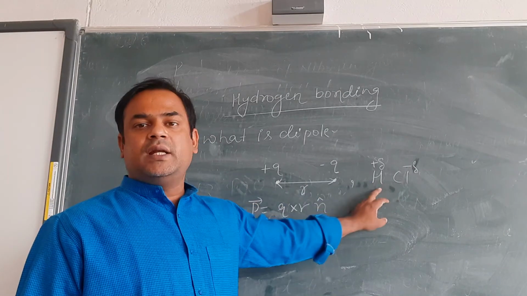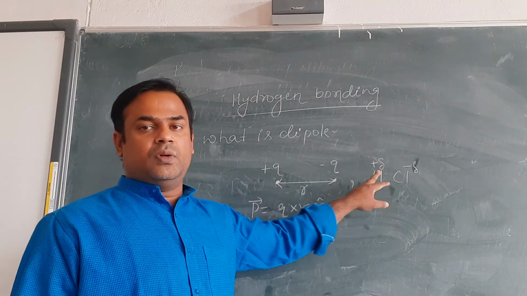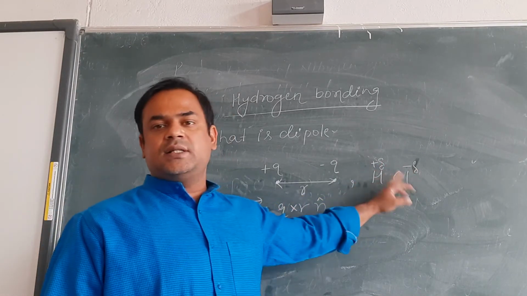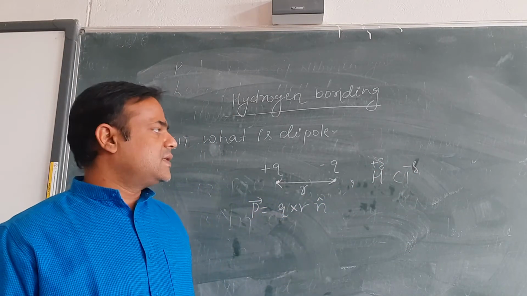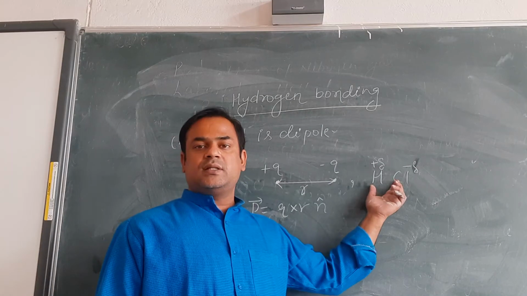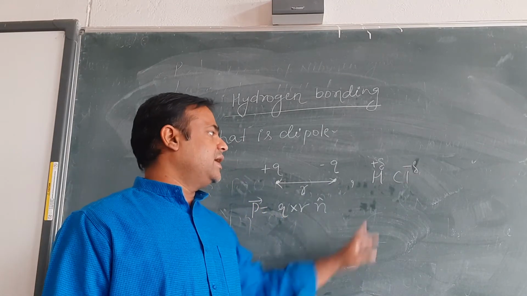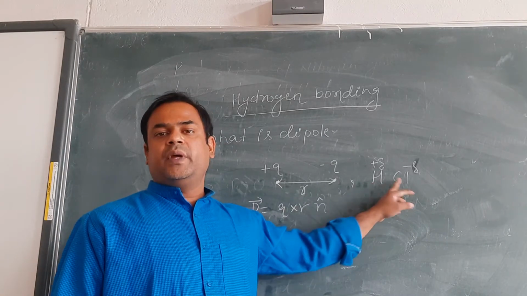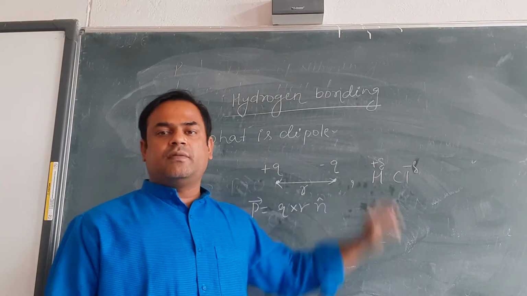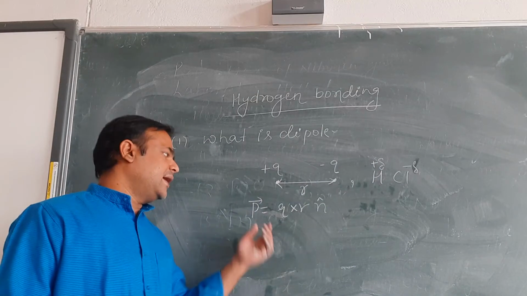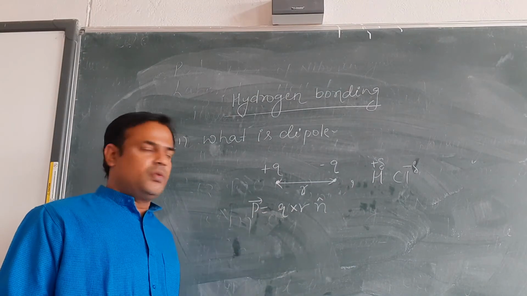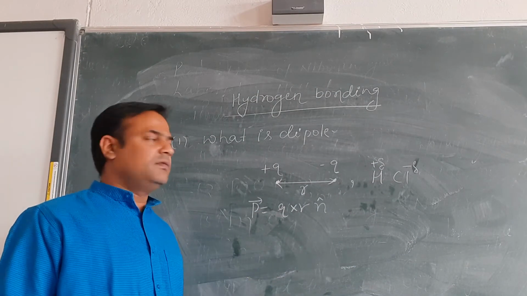So we can say that here there is formation of dipole: two equal and opposite charges separated by very small distance. In case of HCl, this is the nuclear distance between hydrogen and chlorine, or we can say the separation between nucleus of hydrogen and nucleus of chlorine. So we can write dipole moment vector P equals to Q into R. It follows vector law of addition.